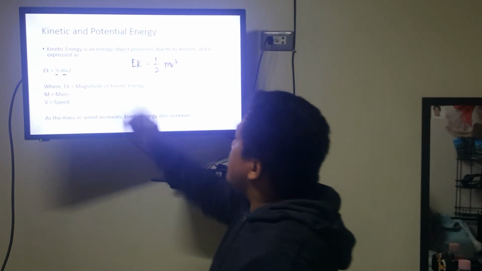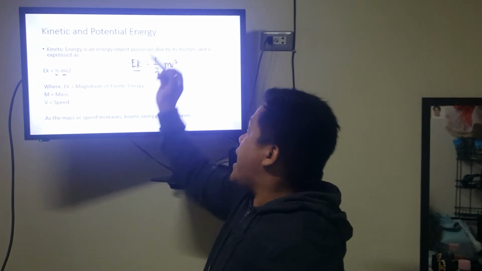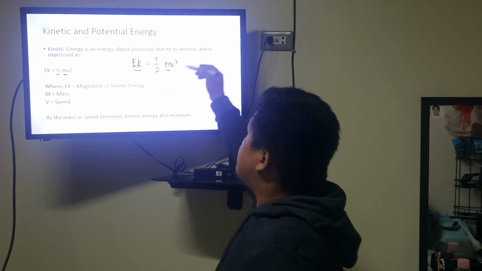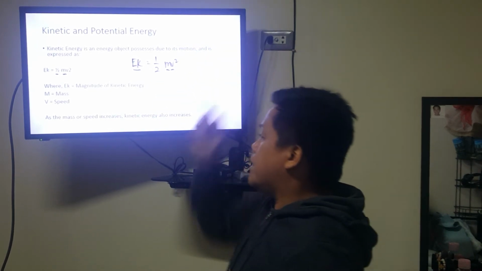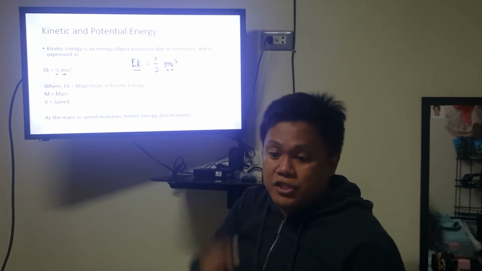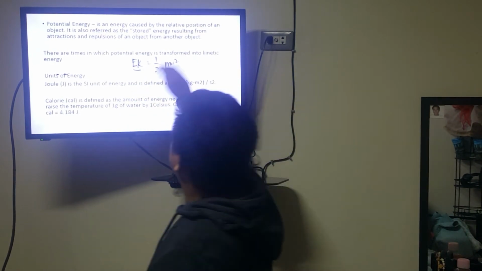Where KE is the magnitude of kinetic energy, m is the mass, and v is the speed squared. As the mass or speed increases, kinetic energy also increases.